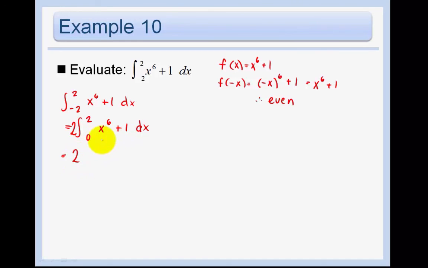The antiderivative of that, we don't need a u-sub or anything here. The antiderivative is just 1/7 x to the 7th plus x. Don't forget the antiderivative of 1 is x.